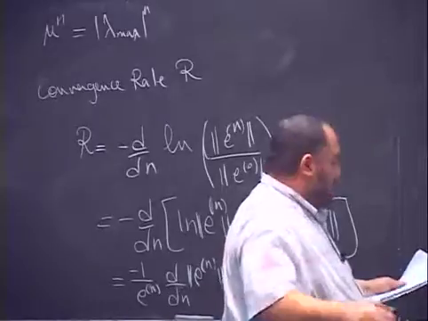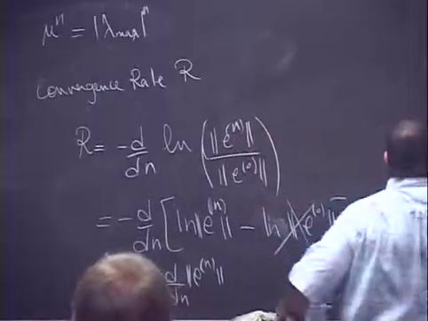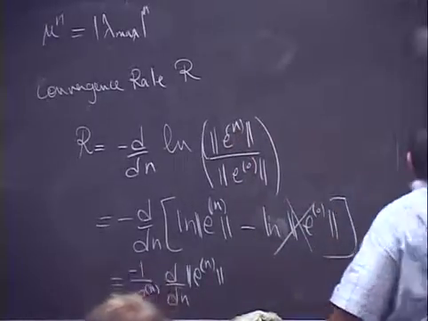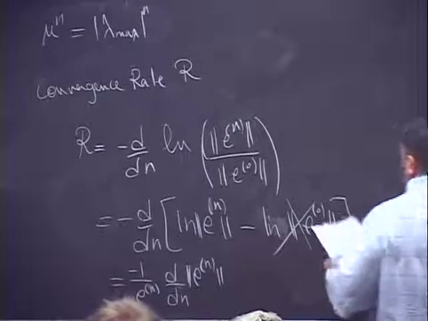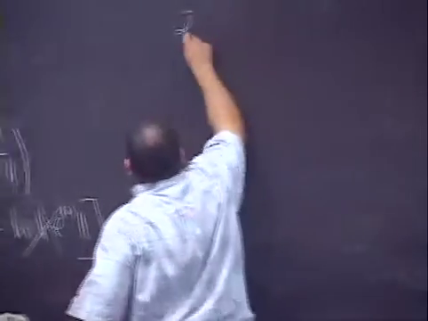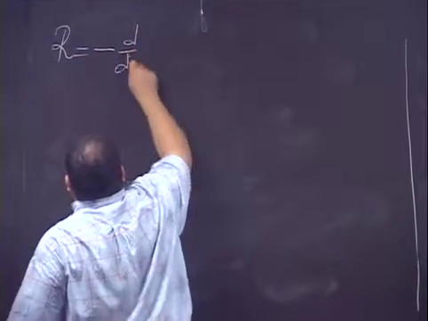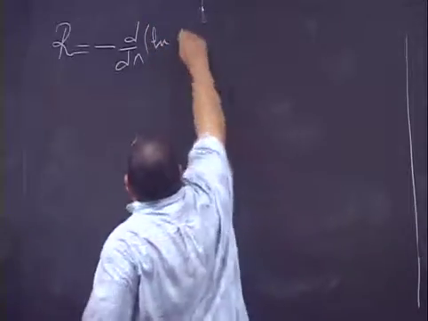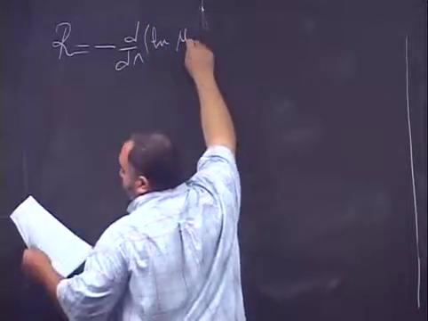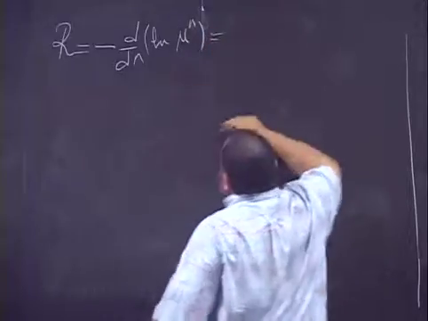Or I can define it also in another way. I can define R as negative d by dn of ln mu to the power of n. And this will give me what?